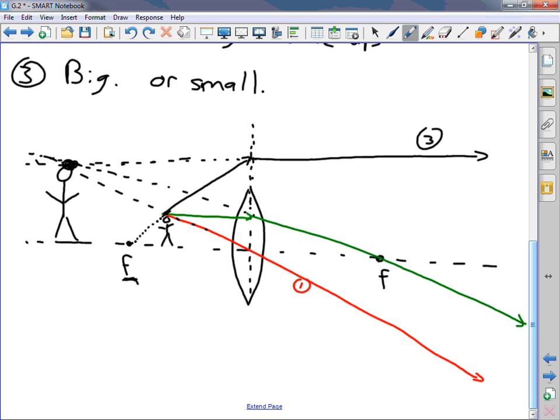This would be an upright, virtual, magnified, bigger image. And that works whether you're upside down or right side up. If the feet are not on the principal axis, you have to do the feet also to figure out where that's going to be. And we'll do examples like that in class tomorrow.